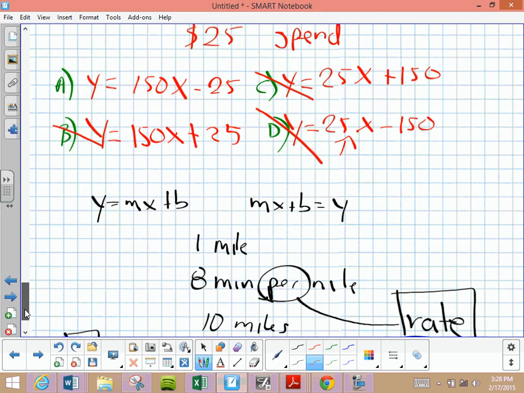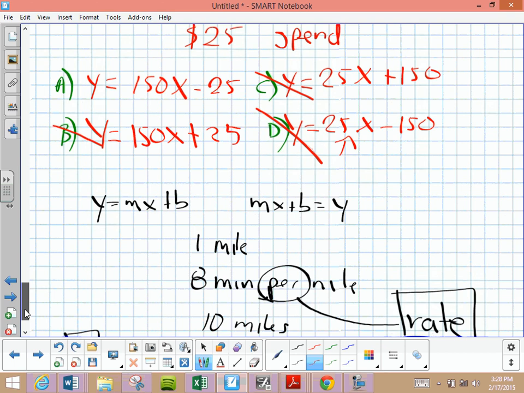So let's pretend that I ran a marathon last week. Pretending. I was just doing it to practice. All right. So let's pretend that I took off. I was a mile ahead before the rest of the runners started.